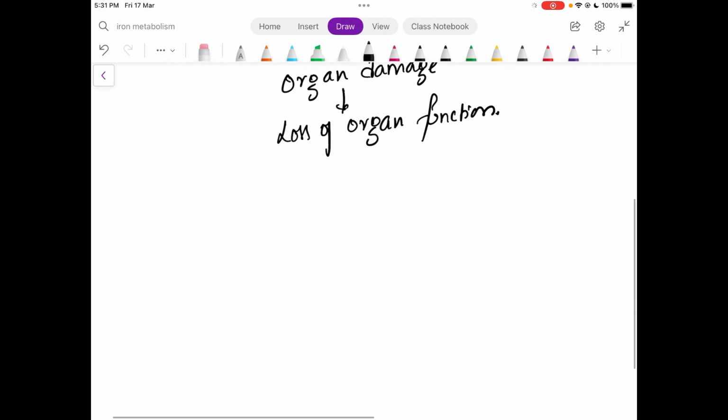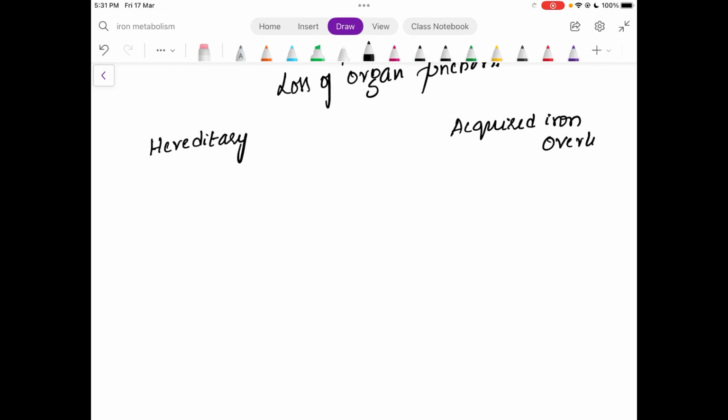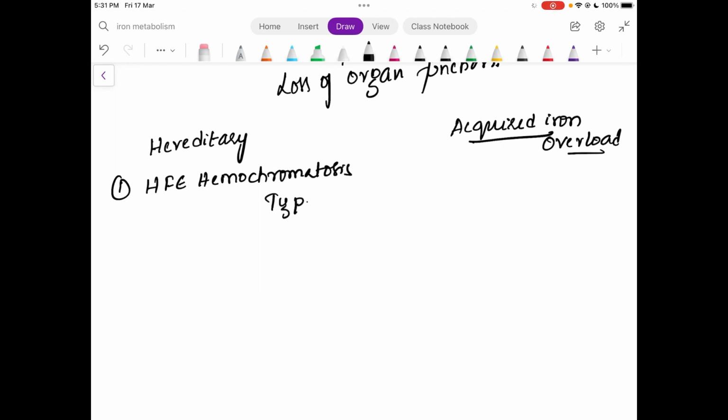And this hemochromatosis is classified into hereditary hemochromatosis and acquired iron overload. In hereditary hemochromatosis, there will be an HFE hemochromatosis, which is called type 1.